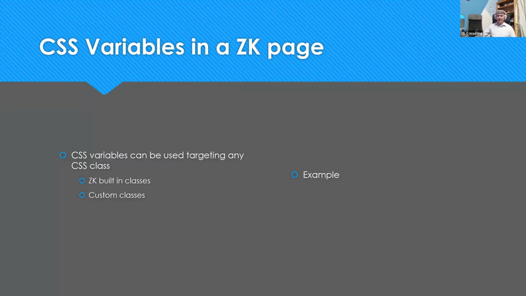So any technique that you can do with CSS variables in a bog standard HTML, JavaScript, CSS page, you can also do in a page that is generated and displayed by ZK. You can use your CSS variable targeting any CSS class. You can do that with ZK built-in classes. You can do it with custom classes. So let's take a quick look.